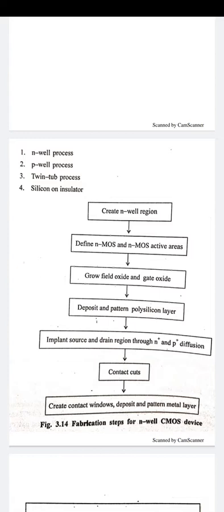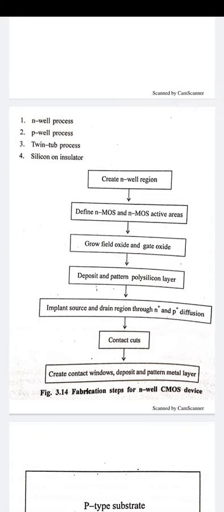Here I will cover the fabrication steps of CMOS devices step by step. First we create the N well regions, then define the NMOS and PMOS active areas, then grow the field oxide, and again grow the gate oxide. Then deposit and pattern the polysilicon layer for making the gate electrodes. Then we implant the source and drain regions, heavily doped N plus and P plus regions, by the diffusion process for making the source and drain regions on the substrate.